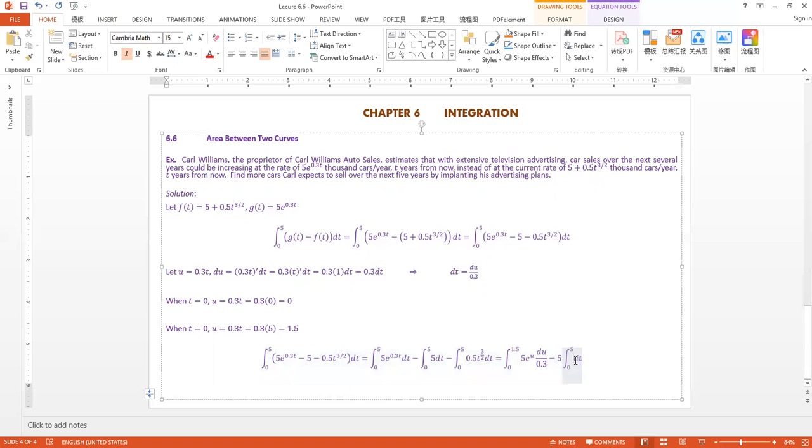Let me write 1 here if you don't mind, so that you can see it clearly. And then we can take out 0.5 from the third integral, and we can integrate the whole thing. So now we can do the integrals one by one.